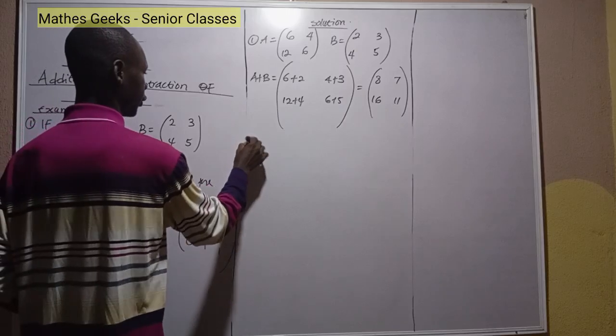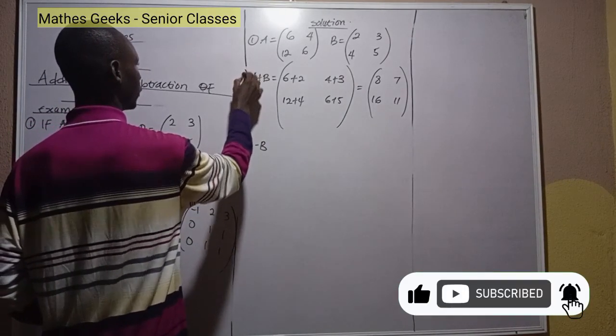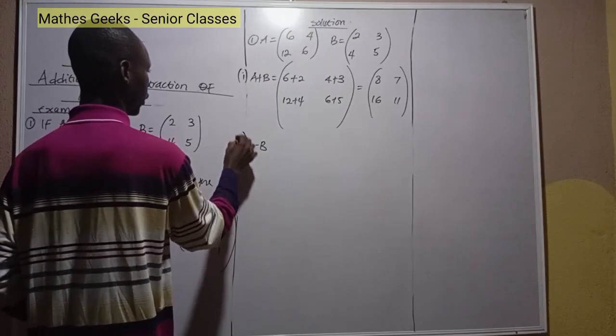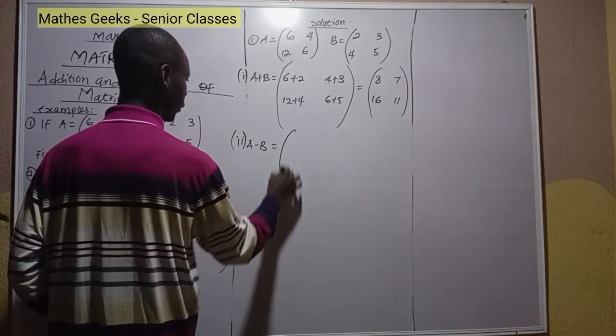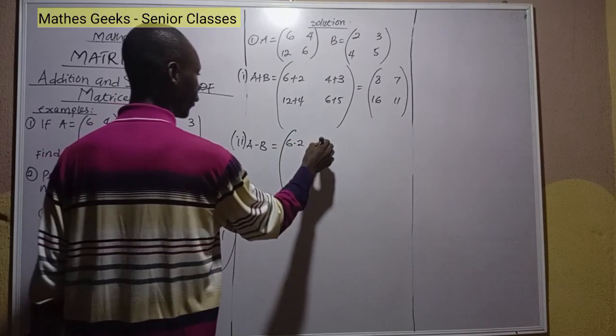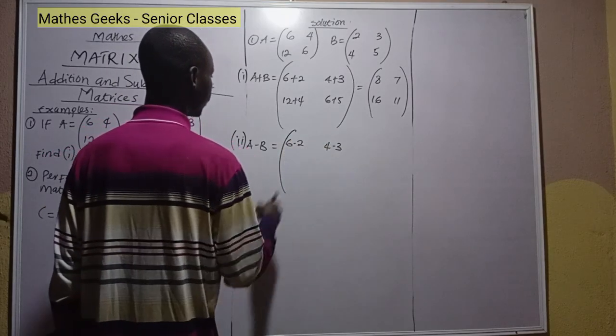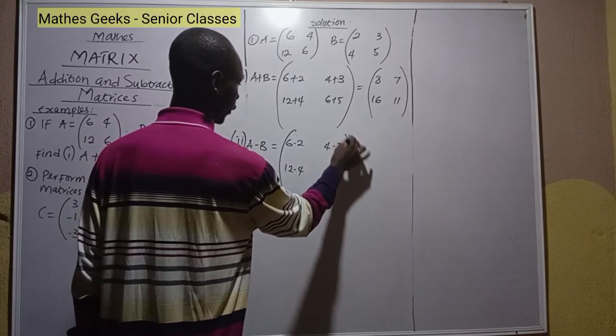Then A minus B. A minus B is equal to matrix 6 minus 2, 4 minus 3, 12 minus 4, 6 minus 5.